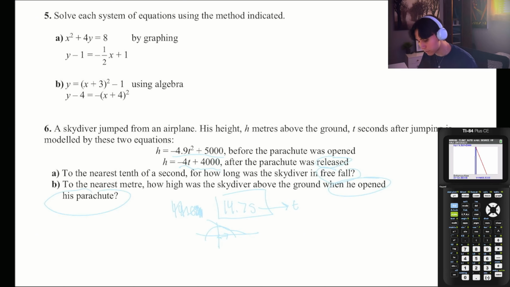So if our 14.7 is equal to the time that it took, we can actually plug it into our equation to find our height. So we're going to go into this equation, because this is the equation that helps us find the height before the parachute was opened. Remember, we're looking for that right now, right? So what was the height before the parachute was opened? So this equation is perfect, because we can use this.